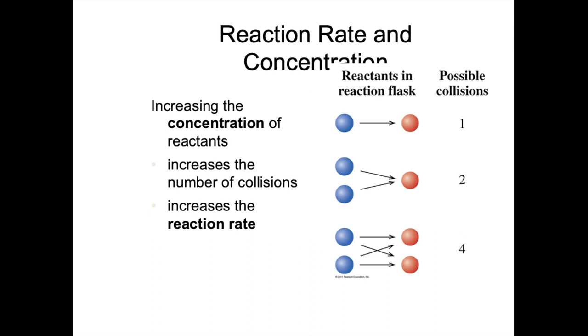If you go into those classes, you'll learn a little bit more about rate orders for reactions, and you can see that this is a little bit more nuanced than the way I'm describing it here. But for now, this is the key takeaway you can get from this. Generally speaking, if you increase the concentration of a reactant, it will increase the rate of the reaction in general.